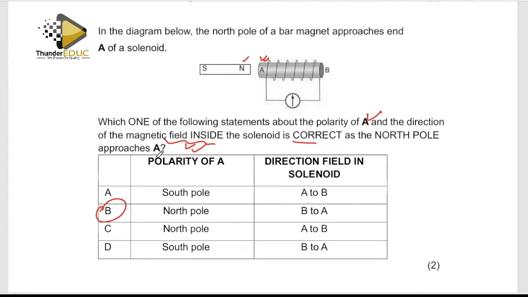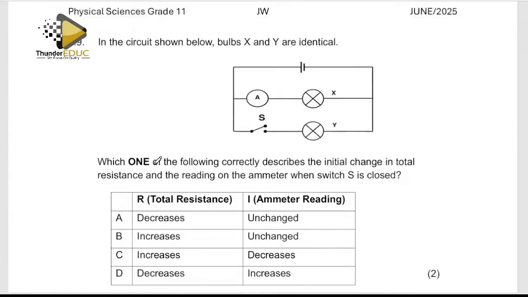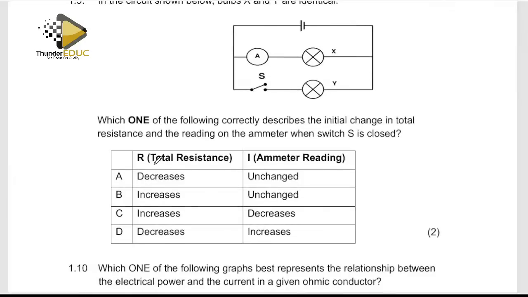Then 1.9, in the circuit shown below, bulbs X and Y are identical, meaning that they have the same resistance. The following correctly describes the initial change in the total resistance and the reading of the ammeter when switch S is closed. We know that initially there's current flowing through X when switch S is open and there's no current in this.